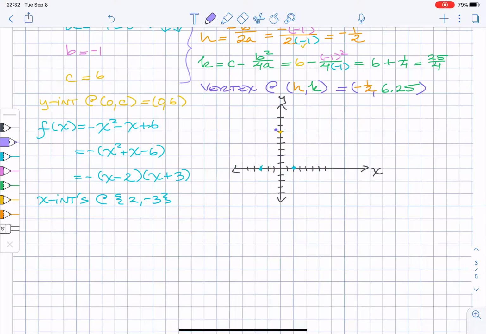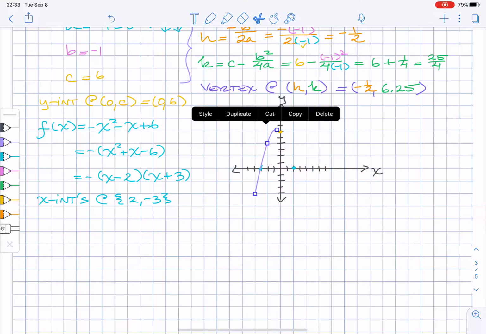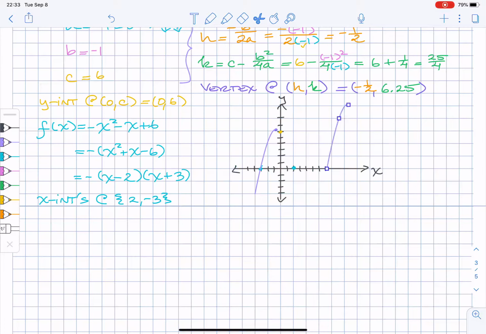So now I can just draw a nice curve, if it'll autocorrect. Nope, come on. You can do it. Draw a nice curve for me. There we go. That's good. So copy, paste.